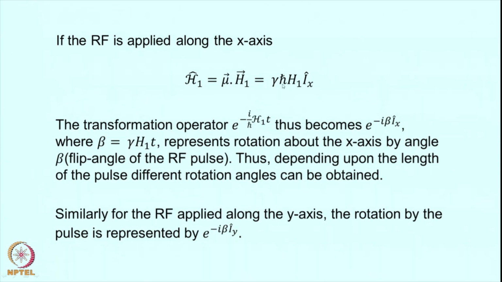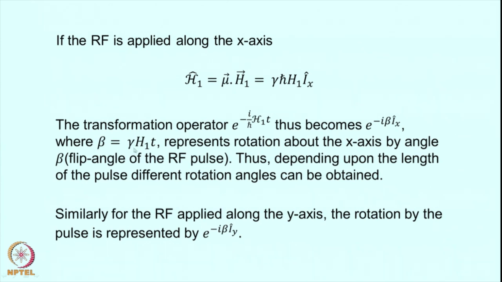Now what is this interaction? You put here for the H1, you put gamma h cross H1. So the gamma stays there, h cross cancels with this h cross, and the gamma H1 is omega 1. Omega 1 is the RF, you convert the RF amplitude into a frequency, that is omega 1, gamma H1 times t, and gamma H1 times t we have seen earlier is a flip angle, a particular angle.